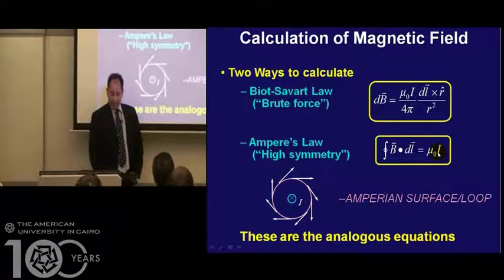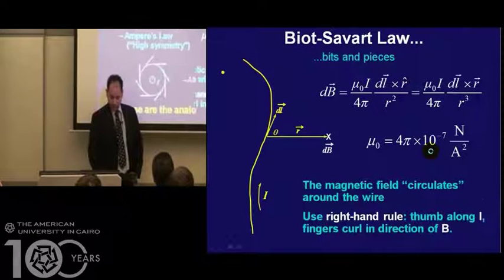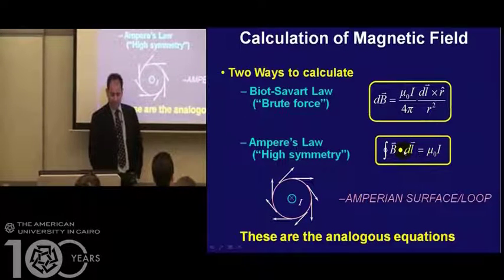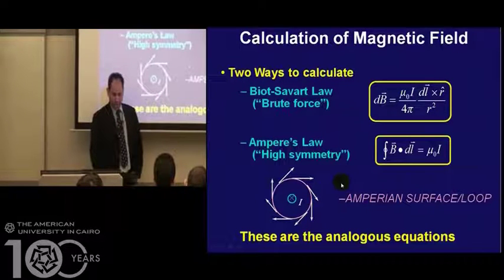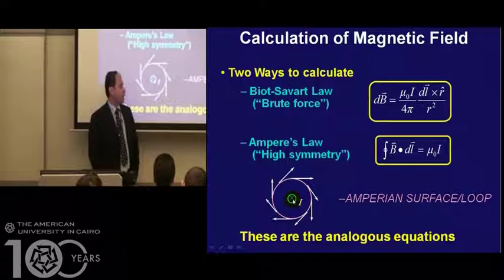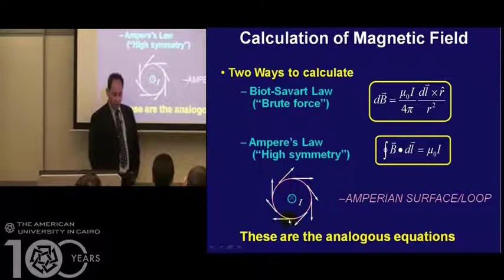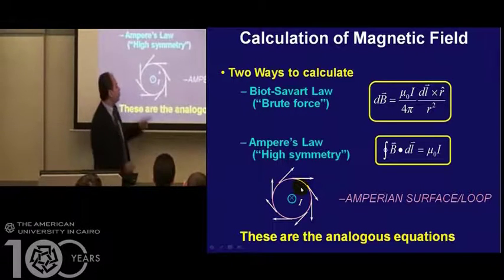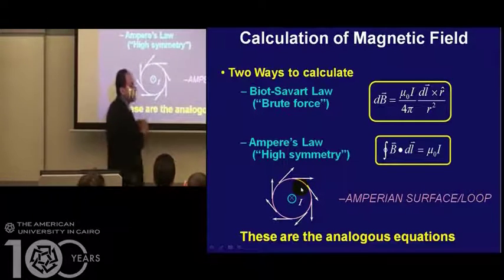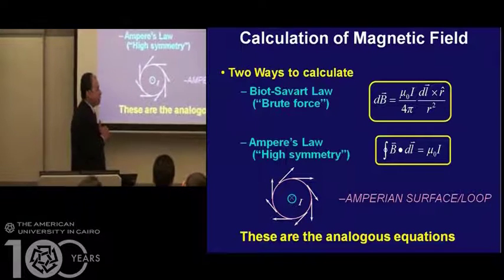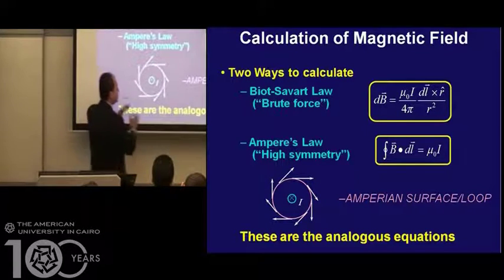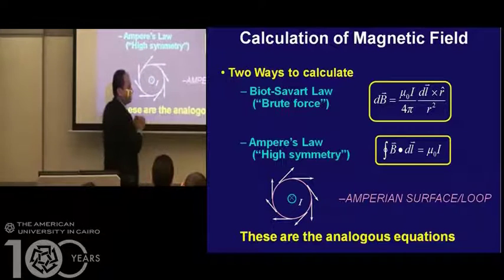And Ampere's law mainly says that if you have an element that carries a current, and if you draw around that element something that we call Ampere's loop, similar to Gauss's surface, then the magnetic field all over that loop will be the same.